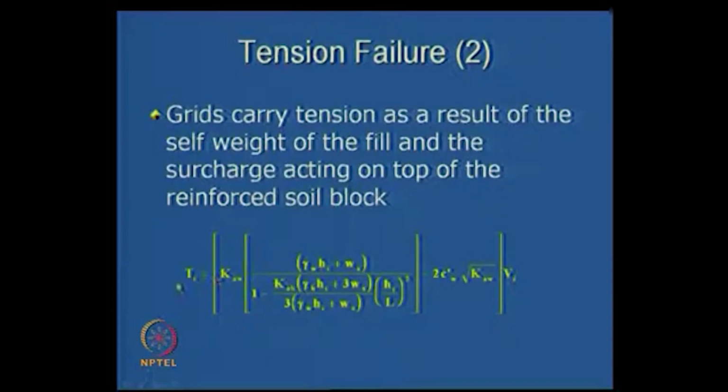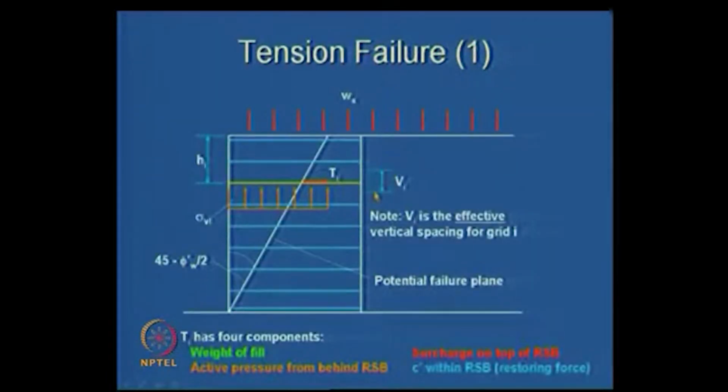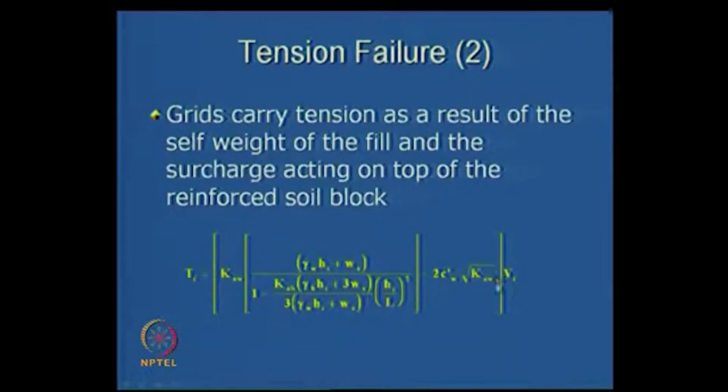T is nothing but Ka times the vertical pressure minus the cohesion term, and then into Vi. As I said, it acts over a distance Vi. The Ti is nothing but it acts over this area which is with the spacing Vi. Okay, how we have this equation.